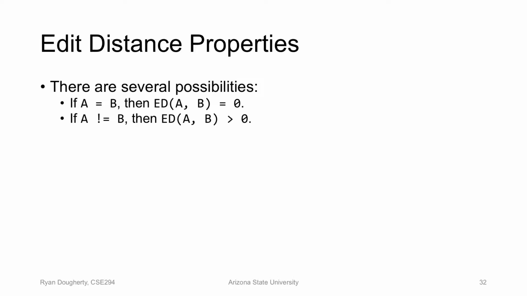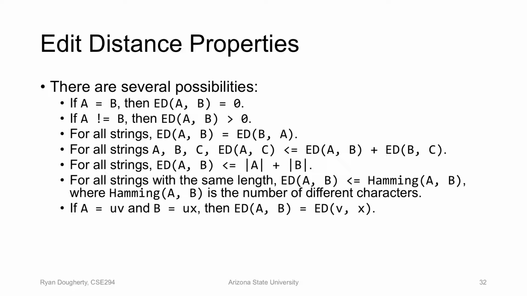Okay, so we considered some of these. Of course, if you have two strings and they have the same prefix, so U is the prefix of these two strings, then obviously, like for great and the other great, I can just ignore G and R and then just focus on the rest of the string.